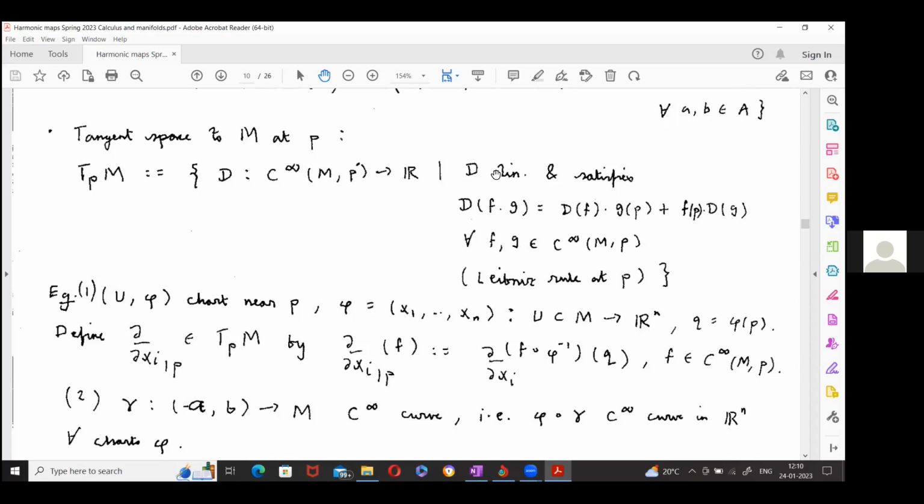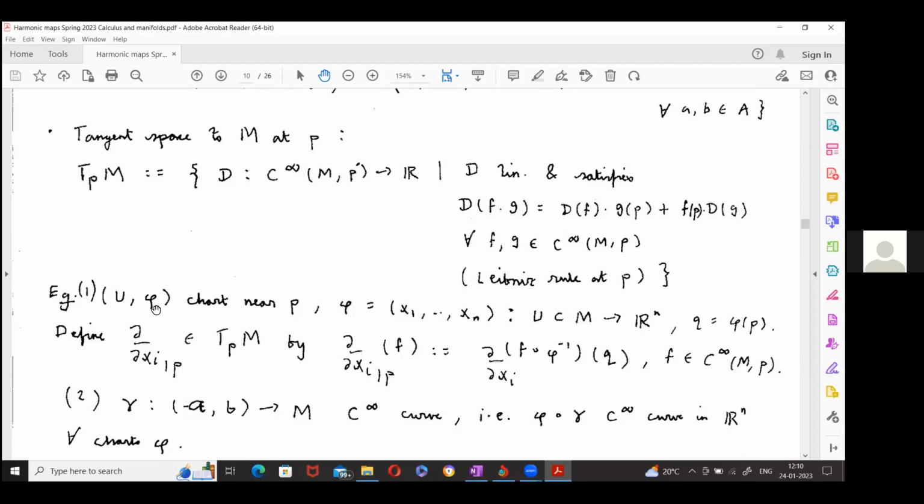What happens is that when you apply this extra condition, the Leibniz rule, that magically brings down the dimension to exactly n. So requiring this Leibniz rule is what gives you a finite dimensional vector space of dimension exactly equal to the dimension of the manifold. We're going to see how this works out.